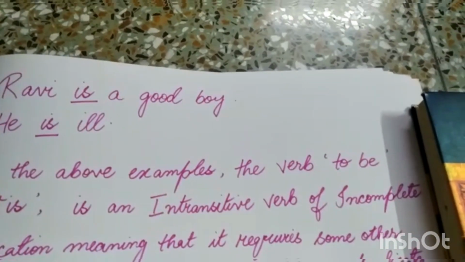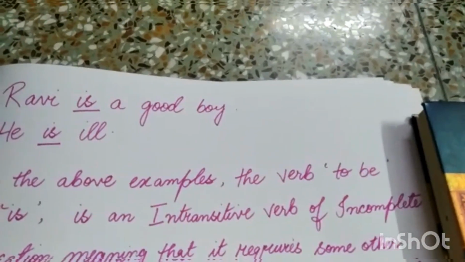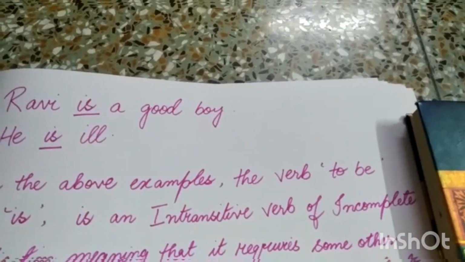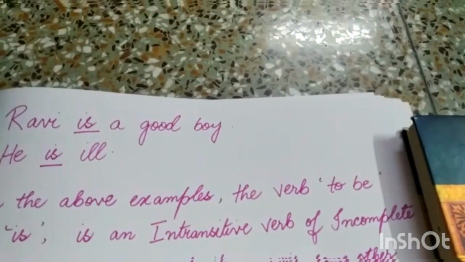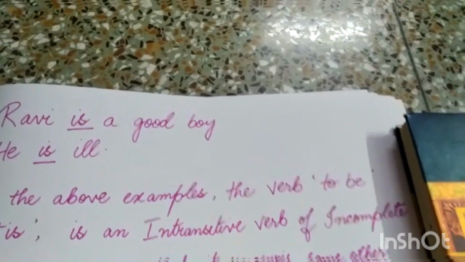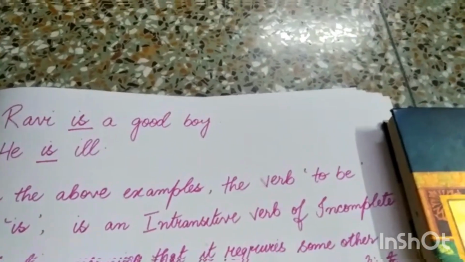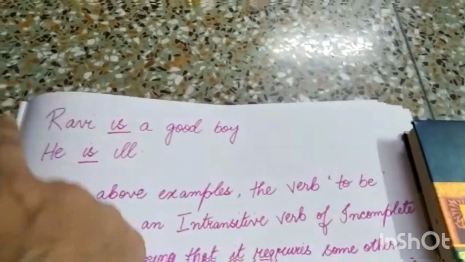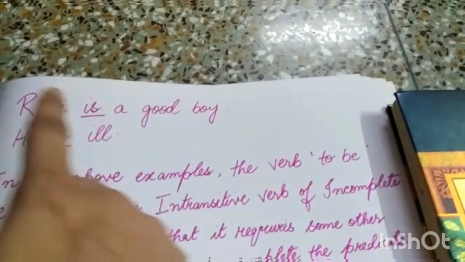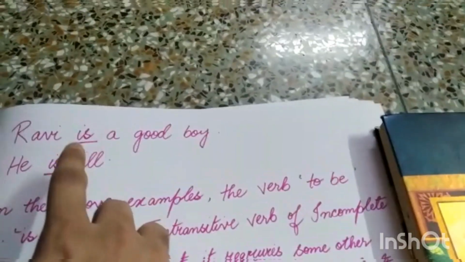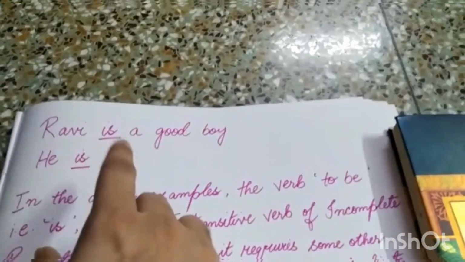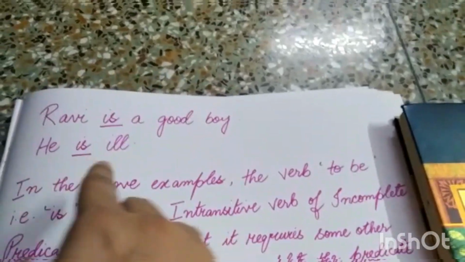In this example, Ravi is a good boy. Is is a be verb, but if we left the sentence as Ravi is, the meaning would not have been completed. So here after is we need a group of words to complete the sentence or to make complete sense. So is an intransitive verb, but however it is not able to complete the sentence over here.